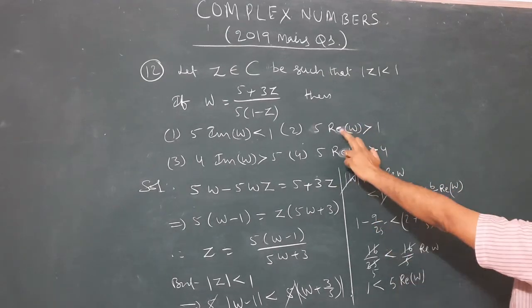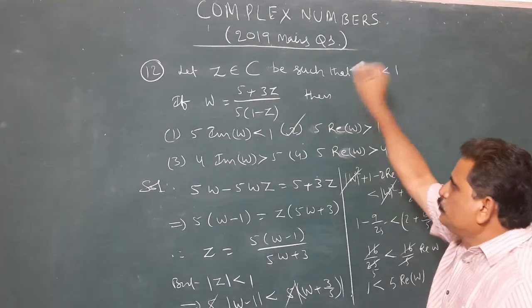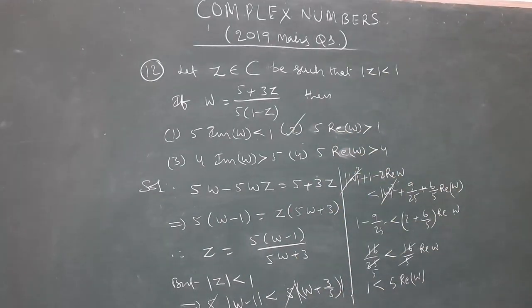Reverse. 5 real W is greater than 1. So, second option is the right answer.